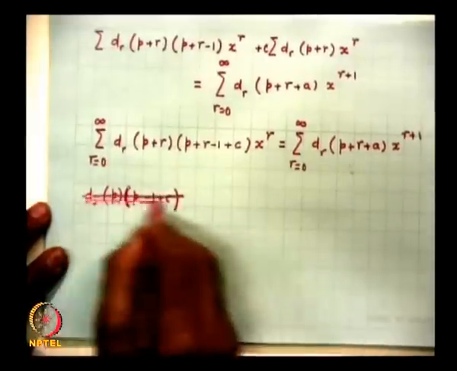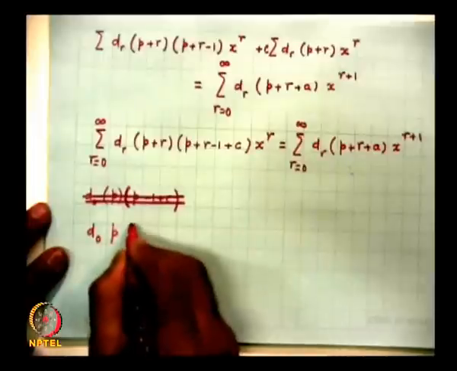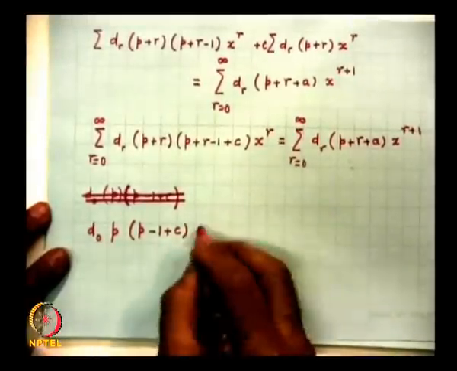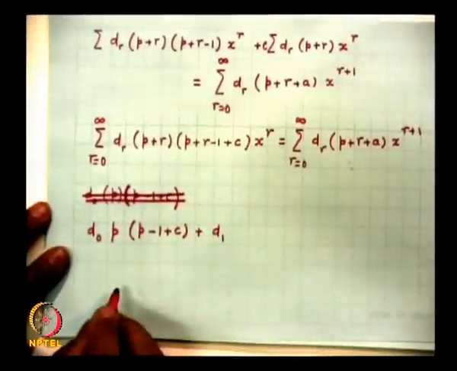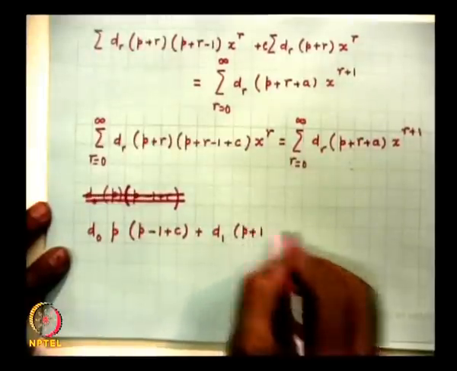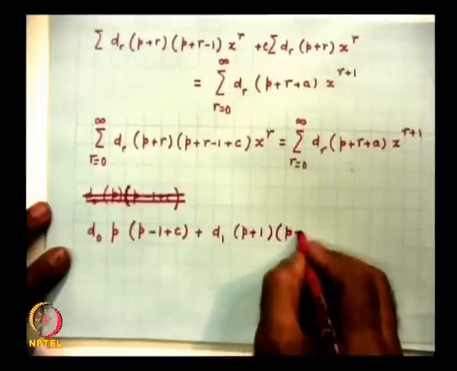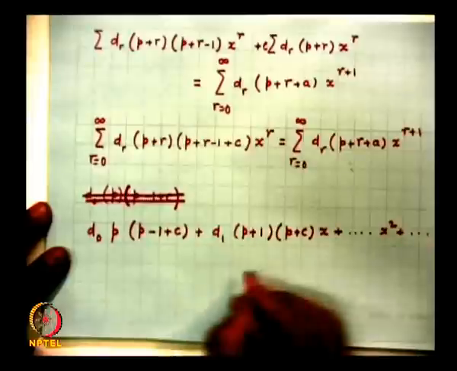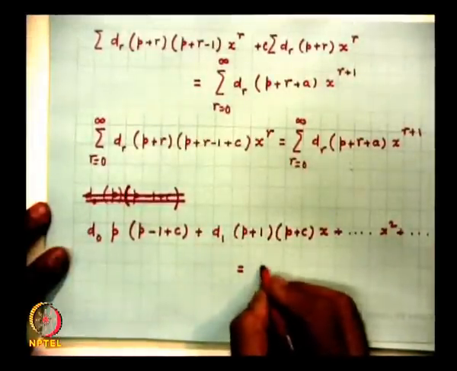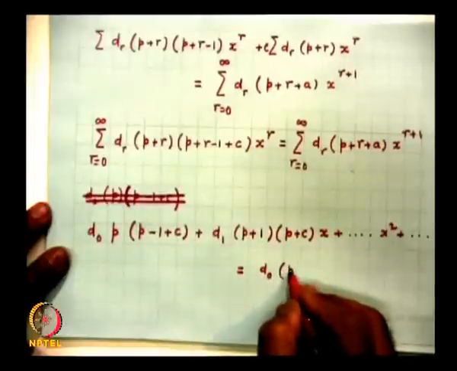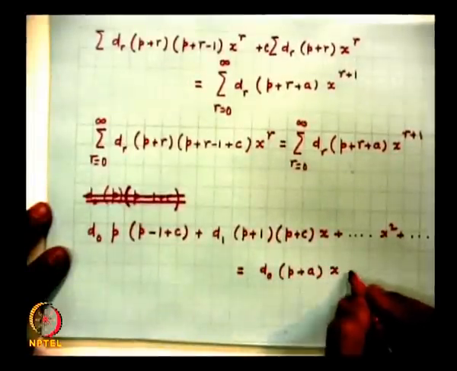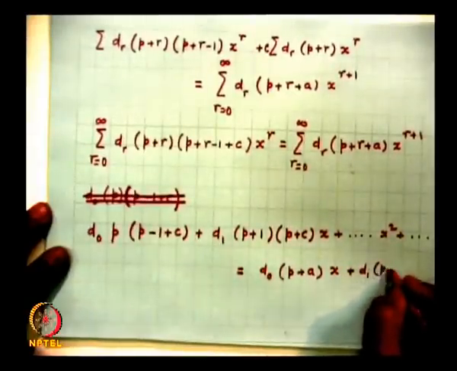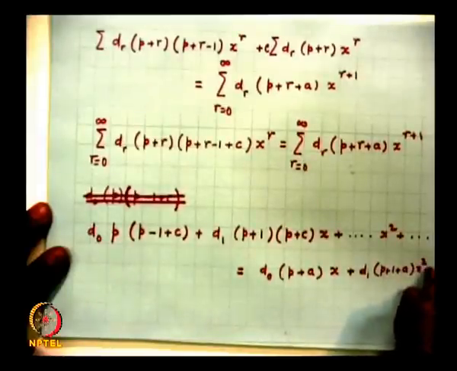So, I have d0 p into p minus 1 plus c, x to the power of 0 which is 1, plus d1, for r equal to 1, p plus 1 times p plus c, x plus something like x square plus x cubed, and on the right hand side this is d0 (p plus a) x plus d1 (p plus 1 plus a) x square and so on.